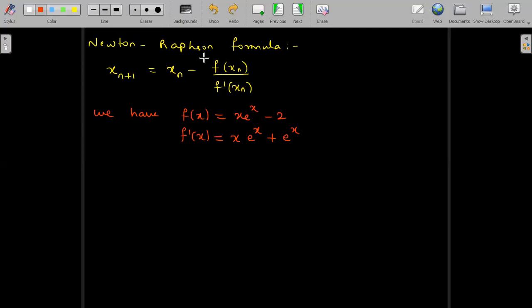Now let us substitute this in the above formula. So therefore xn plus 1 is equal to xn, which I will retain as it is, minus f of xn, which is nothing but xn e power xn minus 2, divided by xn e power xn plus e power xn.